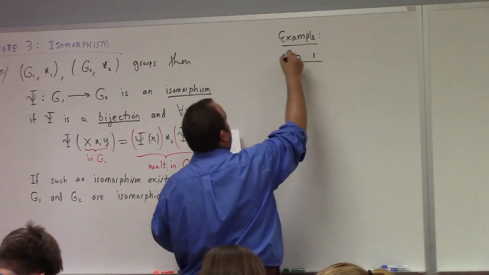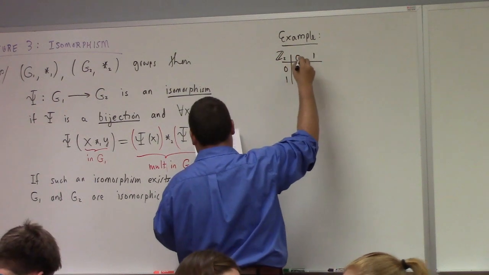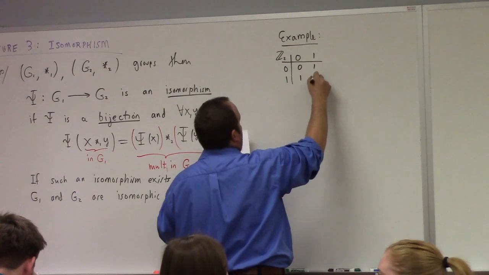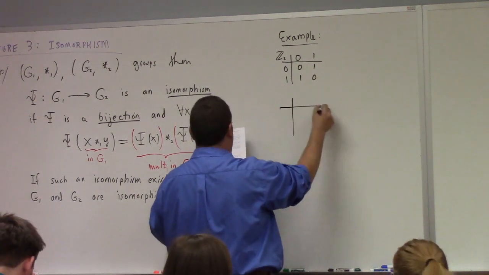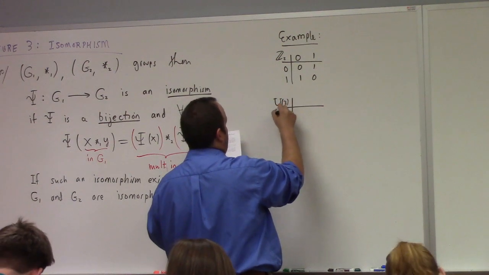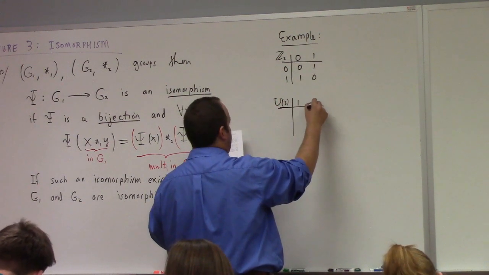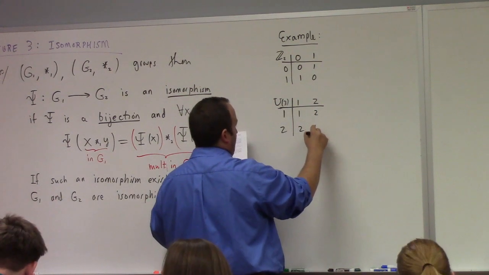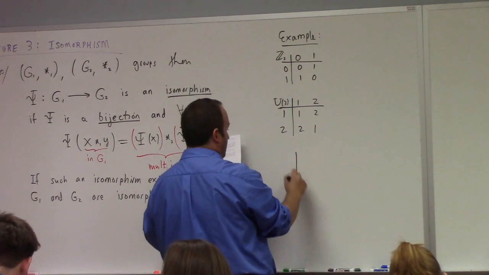Z2 with elements 0, 1, and the table 0 1, 1 0. This is U3, which we defined last time, the group of units mod 3. So I'm writing the Cayley tables here.